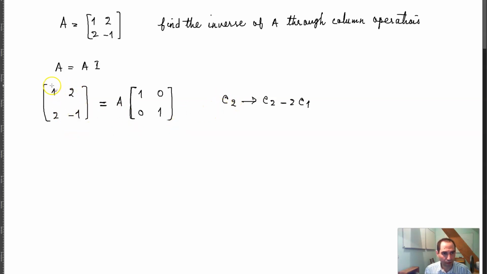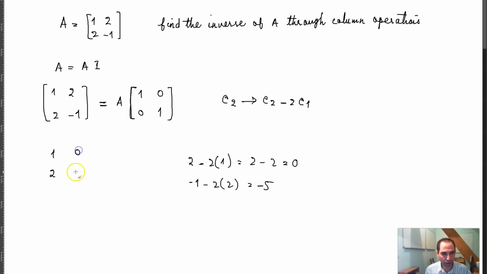Now, the first column I can write as it is, 1 and 2, and this becomes 2 minus 2 times 1, which is equal to 2 minus 2, which is equal to 0, and this becomes -1 minus 2 times 2, which is basically -1 minus 4, which is equal to -5.